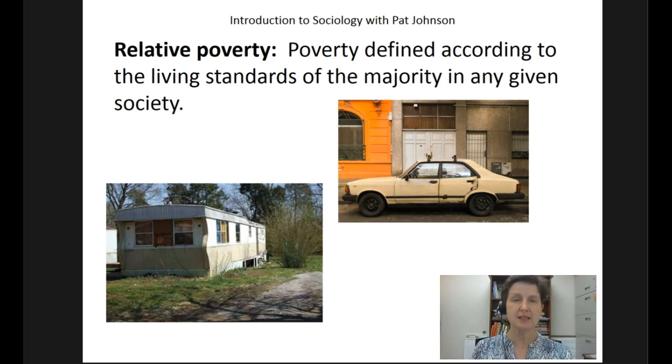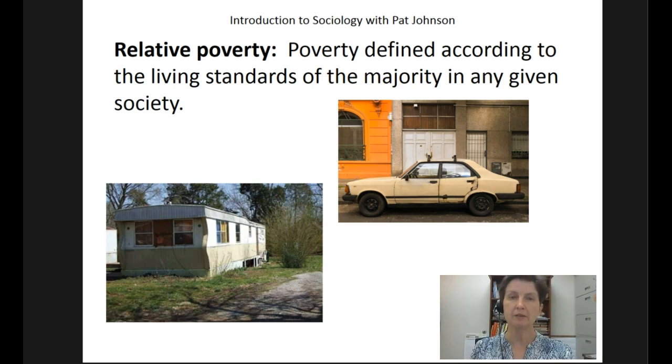Now, that doesn't mean you don't have the latest iPhone. It doesn't mean you don't live in a mansion. It means you don't have the stuff other people take for granted. The majority of the people living in a society do have shelter. They do have reliable transportation.